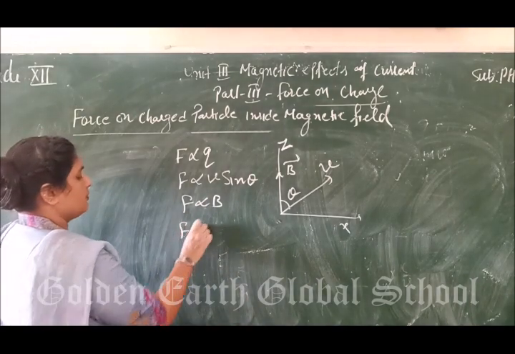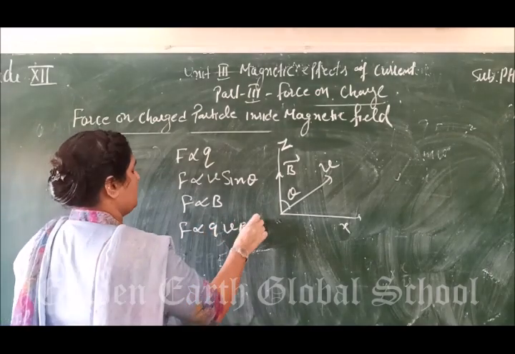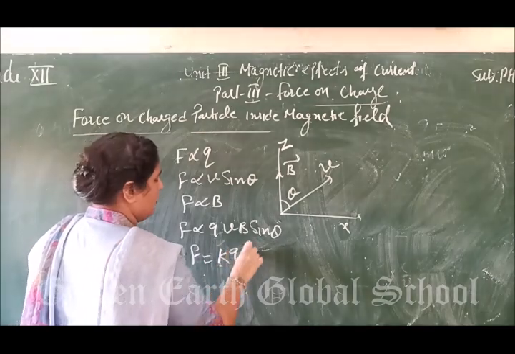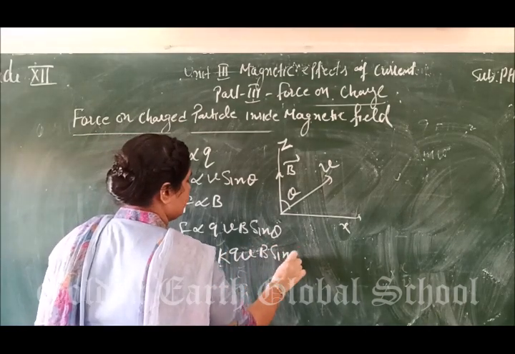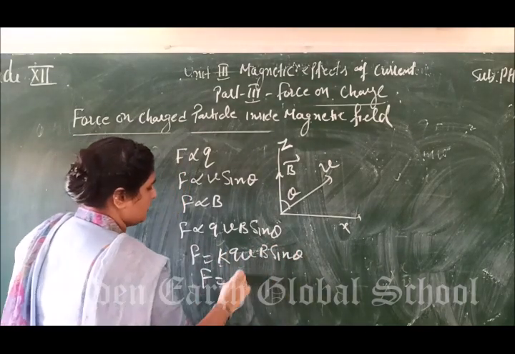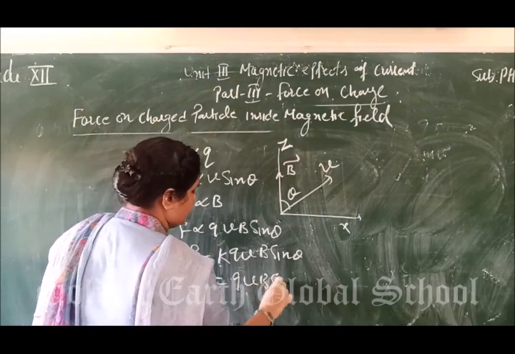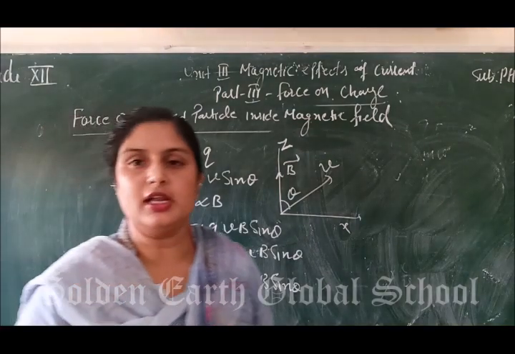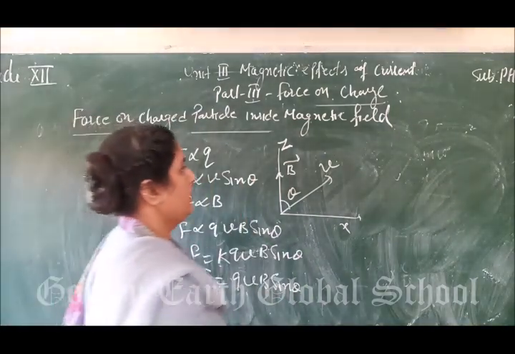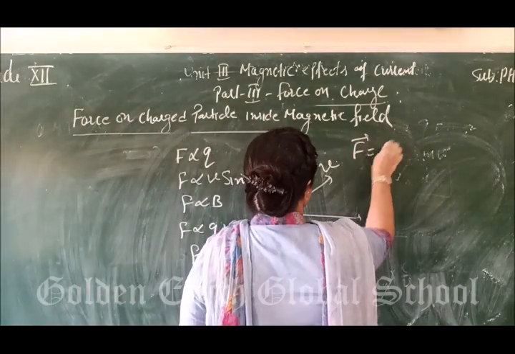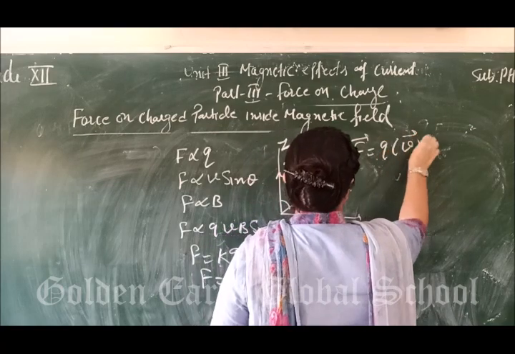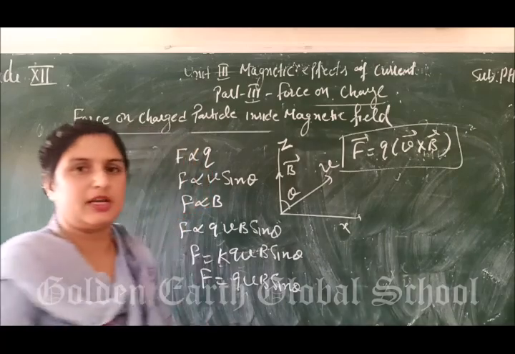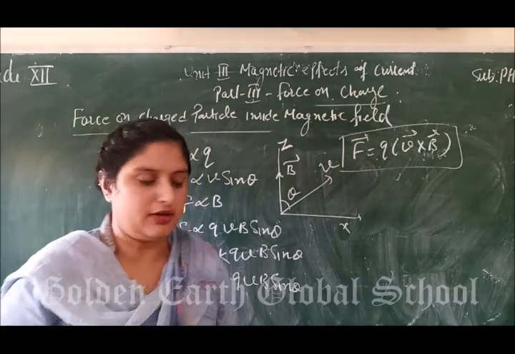So F is proportional to QvB sin theta. In this case, k will be unity, so F is equal to QvB sin theta. This is the force experienced by the charged particle inside the magnetic field. In vector form, you can express it as Q(v cross B). This is the force acting on the charged particle inside the magnetic field.